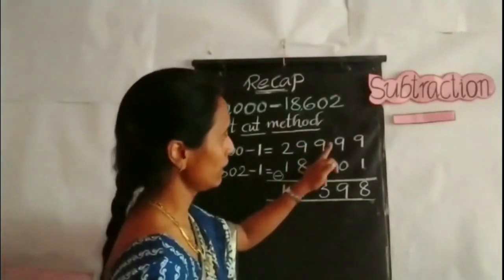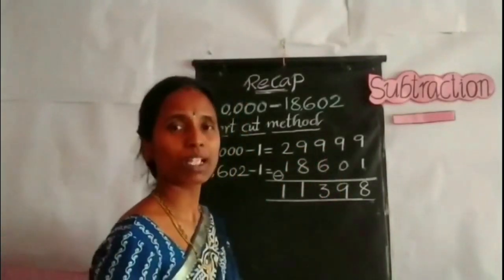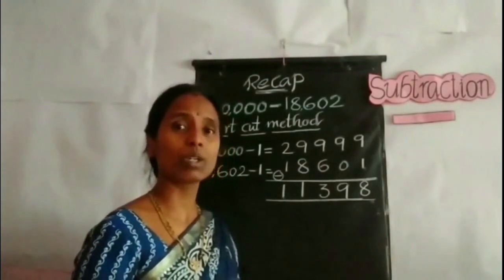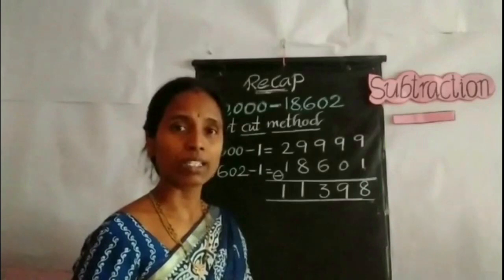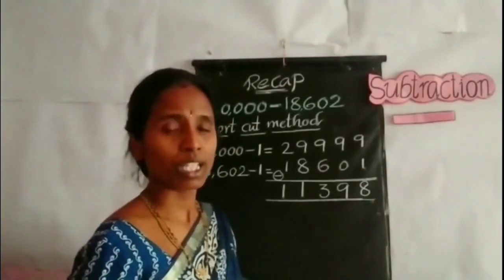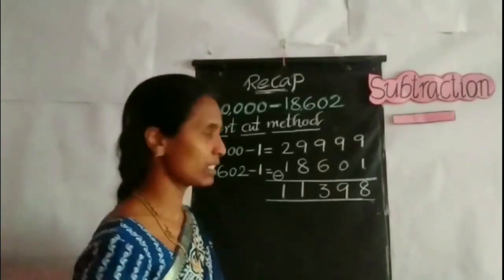As we already learned, 9 minus 0. In the previous class, in 4th class, we already learned: if you subtract 0 from any number, the difference is the number itself.